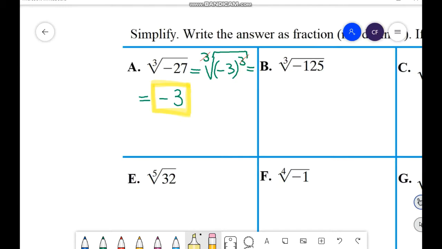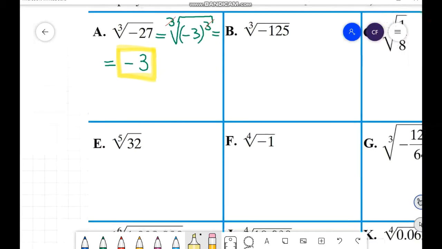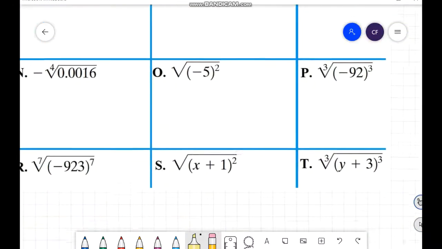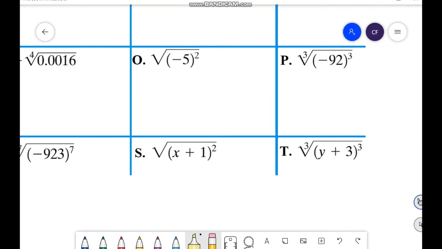Let me show another example with an even index and exponent. Letter O, I think, is a good example. Letter O is square root of negative 5 squared, right? So if the index and the exponent are even, we need to apply absolute value.